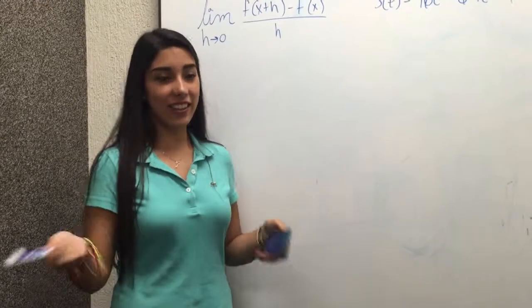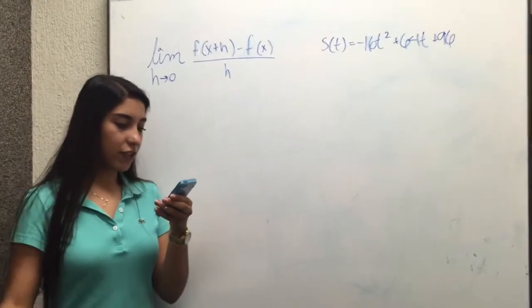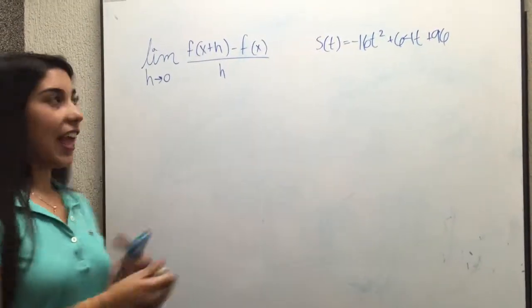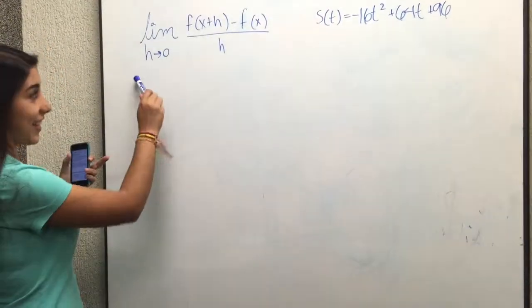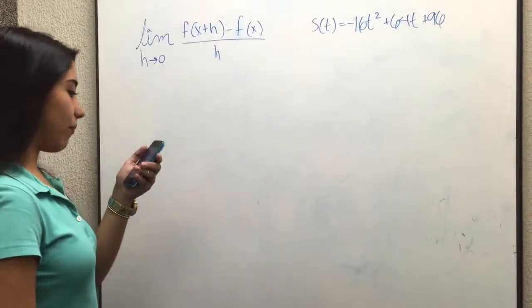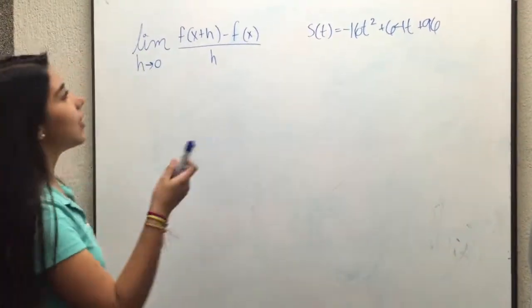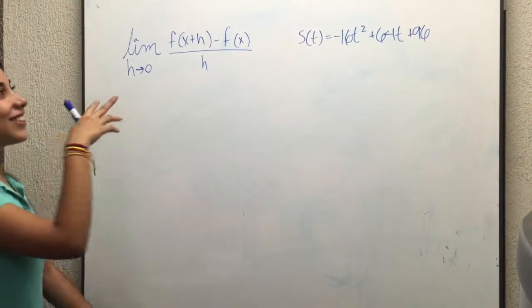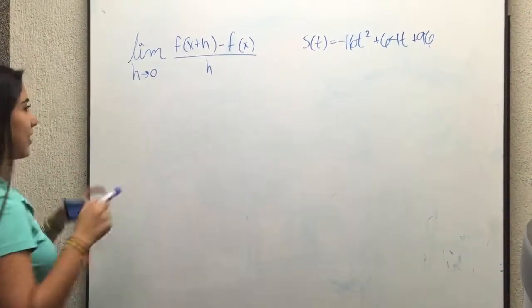We need to calculate the derivative of the position function using the limit definition. Okay, the derivative is this and the limit definition is this. So we need to substitute this value on each f(x).